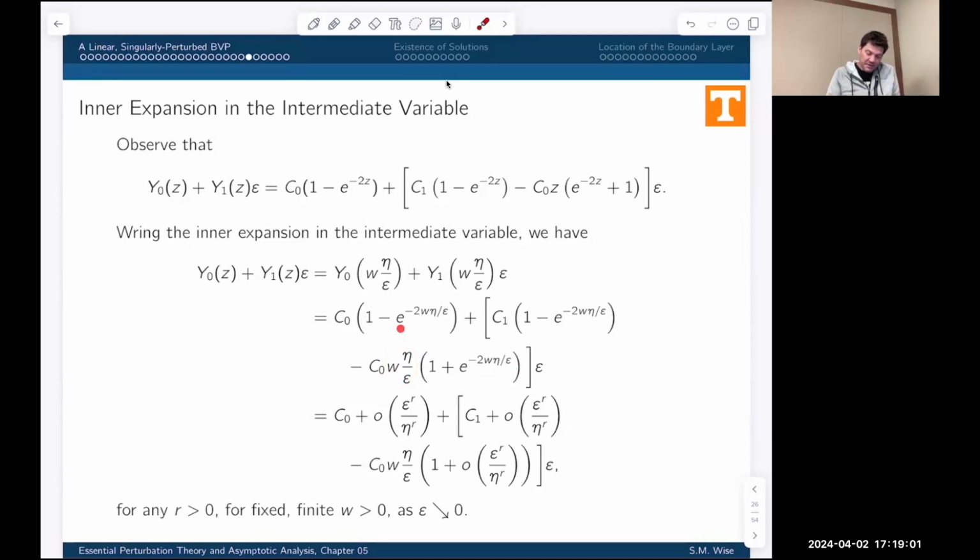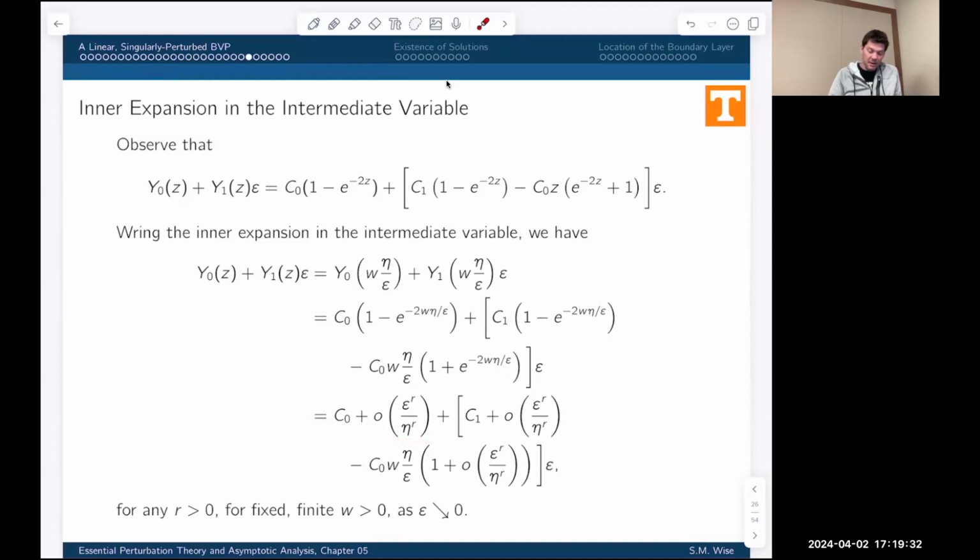Now, these terms here are going to be transcendentally small. Why? Because as epsilon goes to 0, eta over epsilon is getting large, right? And this is e to the minus something large. This is getting transcendentally small, folks. So is this one, and this one, all at the same rate. So I'm going to throw in there what it means to be transcendentally small.